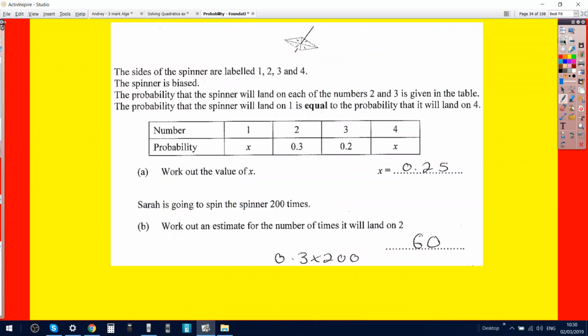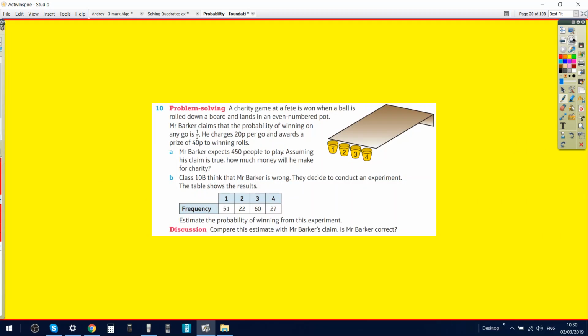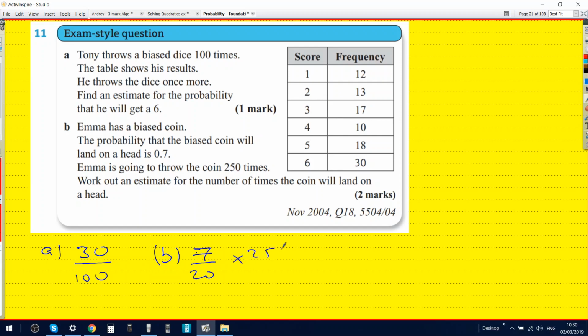And now I'm gonna go back. Okay, part B. Okay. So would you do 7/10 of 250? Mm-hmm. So that would be 25 times 7, which is... hold on.